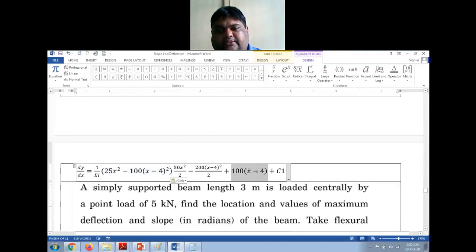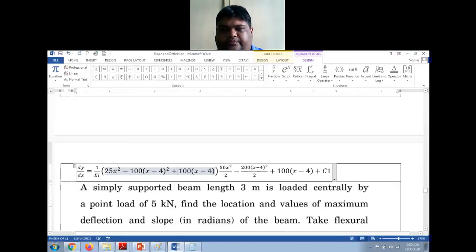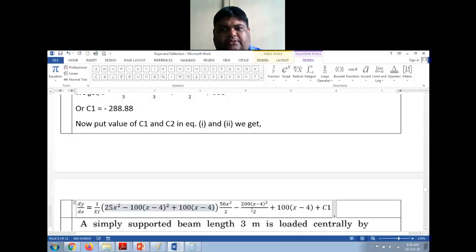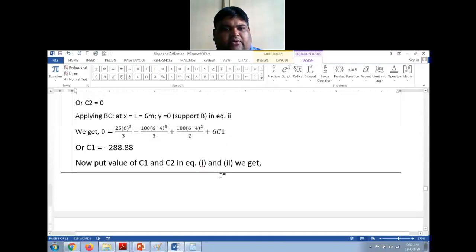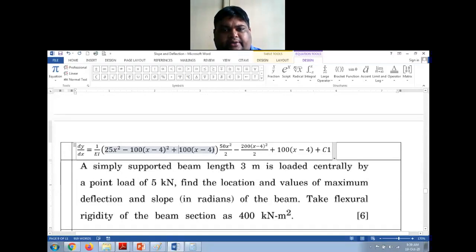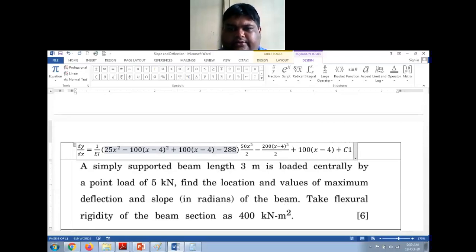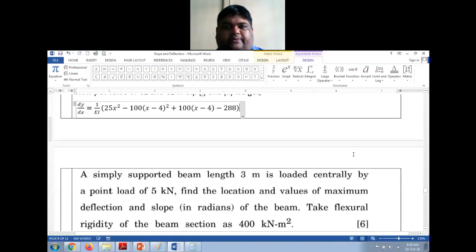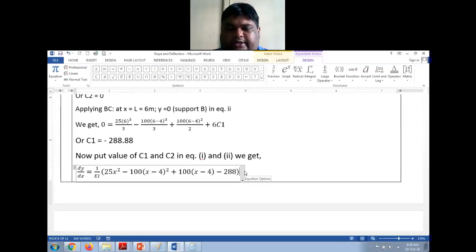This will be as it is. Plus C1 is there, and C1 value is minus 288. So it's just minus 288. This part, right? And I will call this equation as 3.